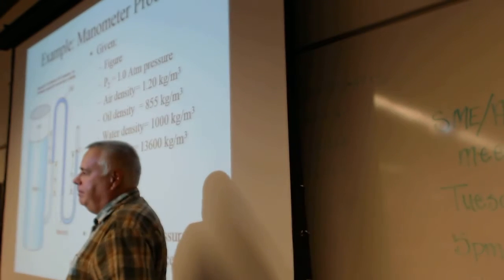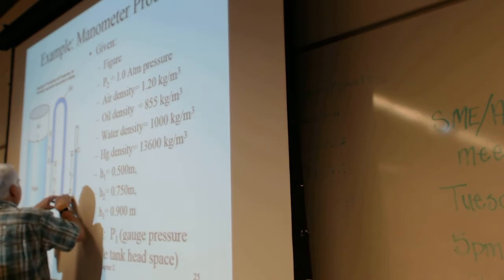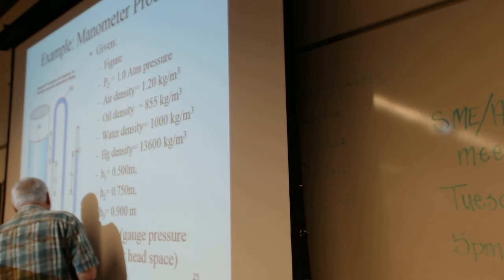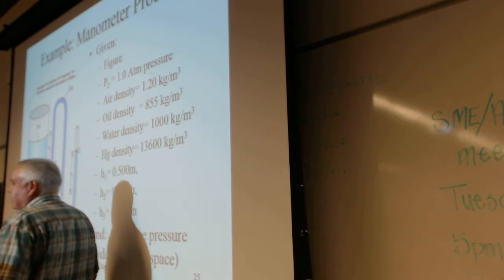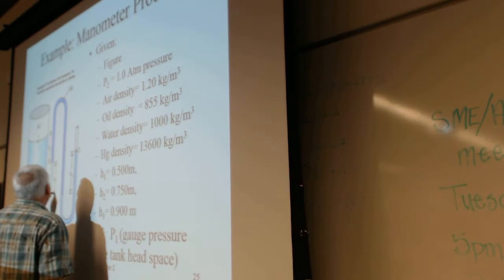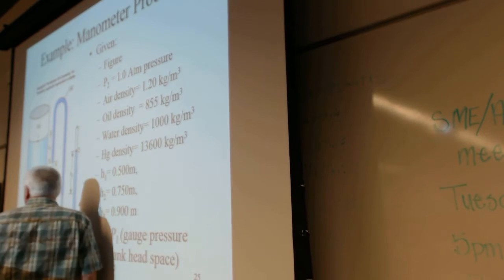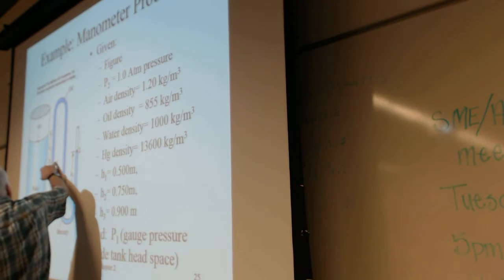And then for the water, we don't care about this loop. It can go way down, it could go up half a mile, I don't care. What I want to know is the difference from this circuit, and that's going to be a positive H, because it's measuring from this fluid surface up.